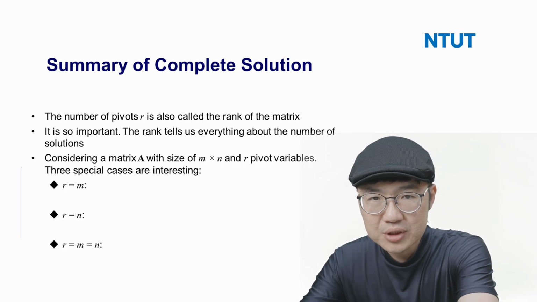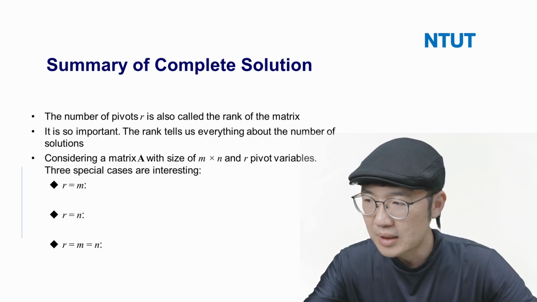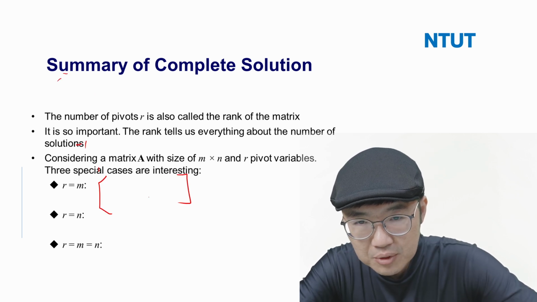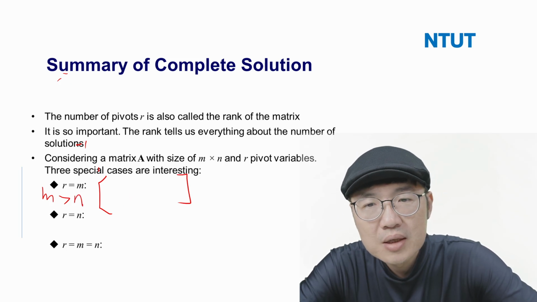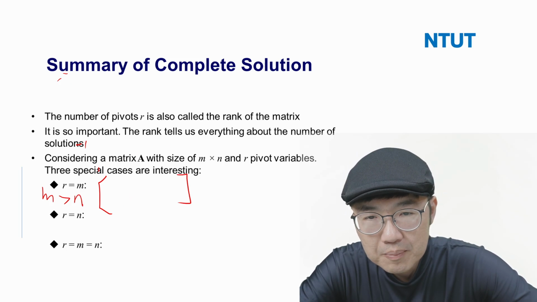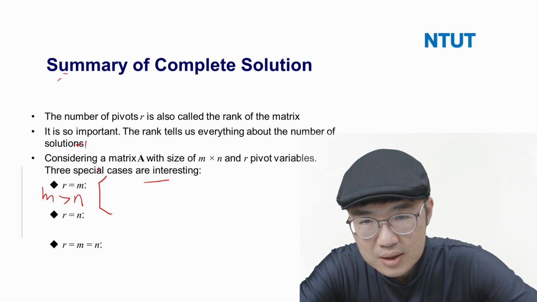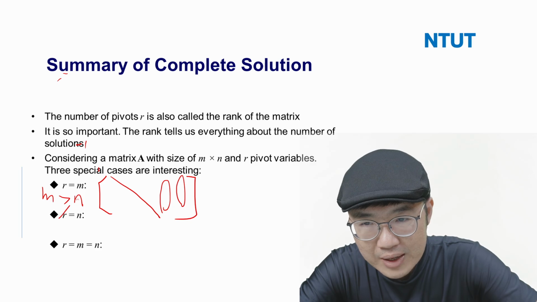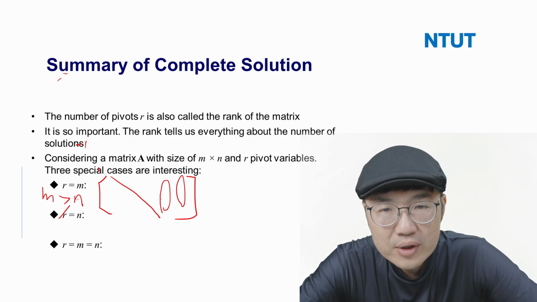So the number of pivots is called the rank, and if we have an m by n matrix, yeah, there are three special cases. First of all, if r is just m, for example, m greater than n, meaning more rows, fewer columns, and once r is already m, you could have, let me add an equality sign, you could have free variables or not.